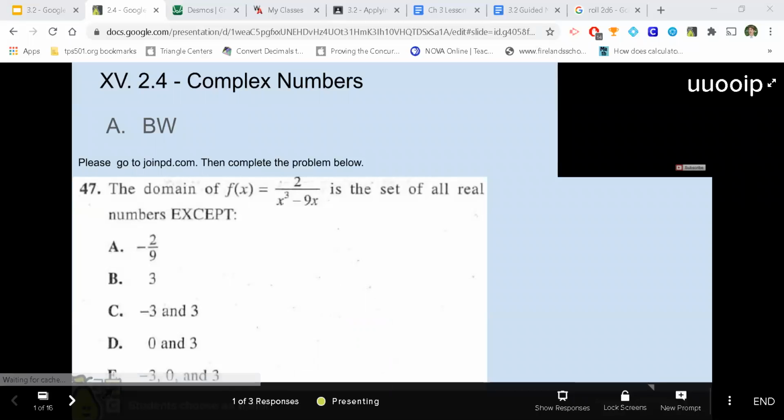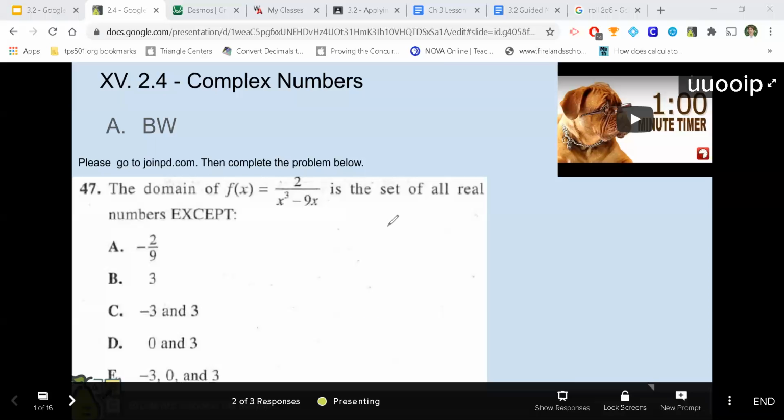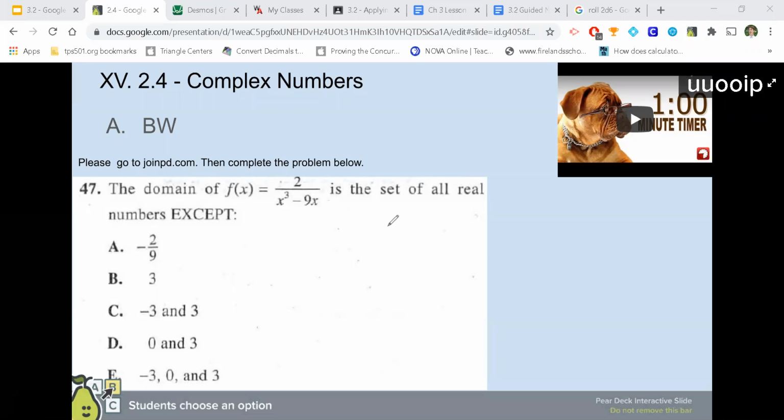All right, who's got an idea of how to start? What numbers can we not plug in for x? What would create a problem for us? 0, right?